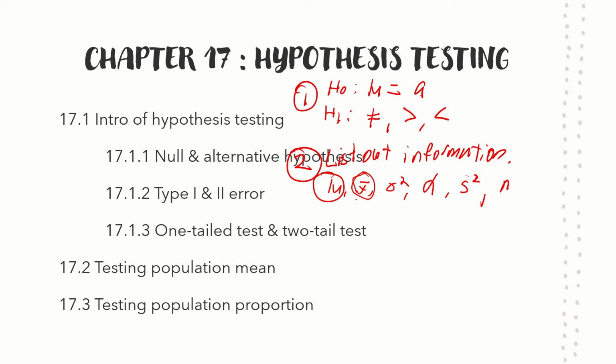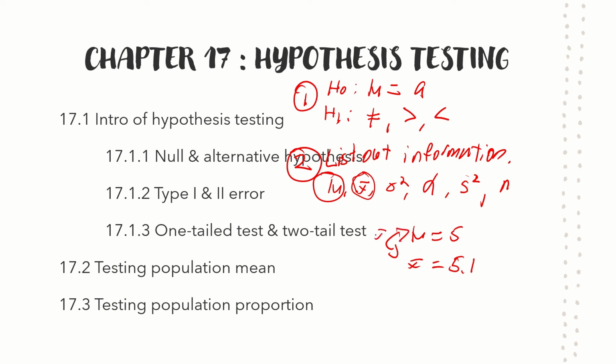If you make a mistake between these two, maybe the question gives mu equal to 5 and the sample mean is 5.1, something like that. The value is very near.